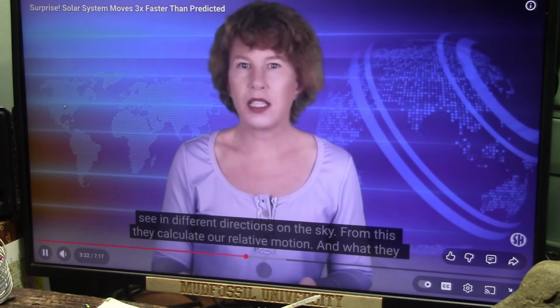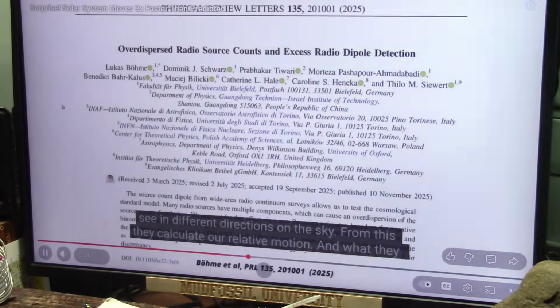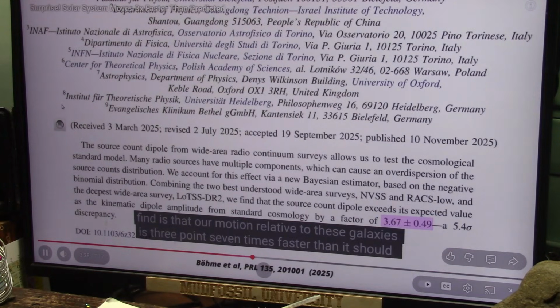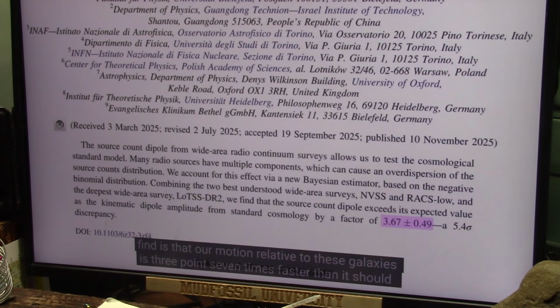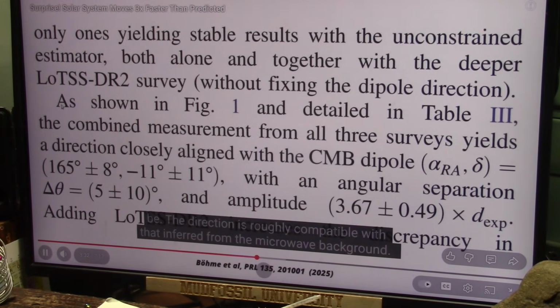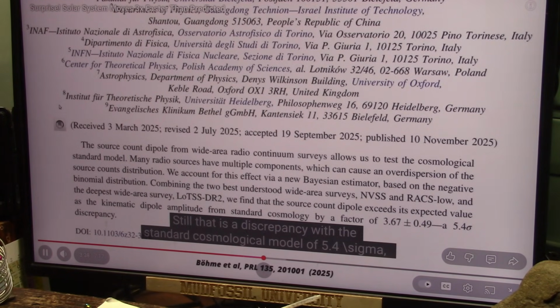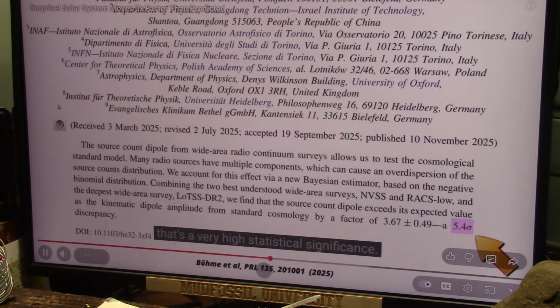From this they calculate our relative motion, and what they find is that our motion relative to these galaxies is 3.7 times faster than it should be. The direction is roughly compatible with that inferred from the microwave background. Still, that's a discrepancy with the standard cosmological model of 5.4 sigma. That's a very high statistical significance."